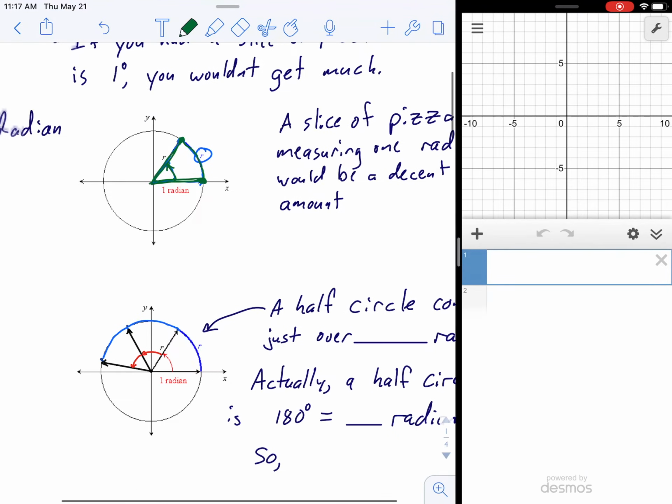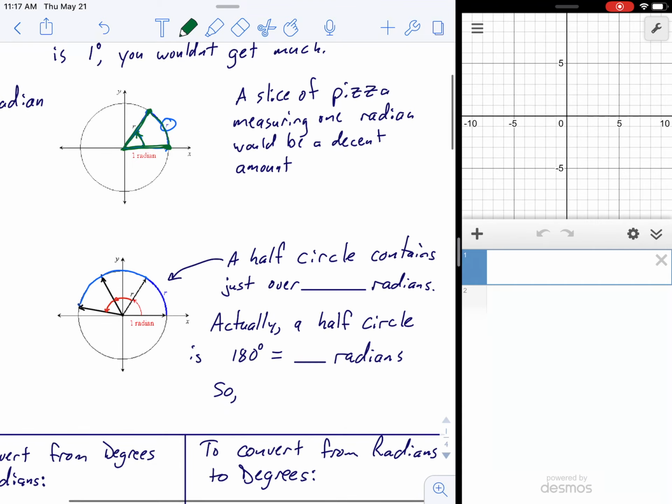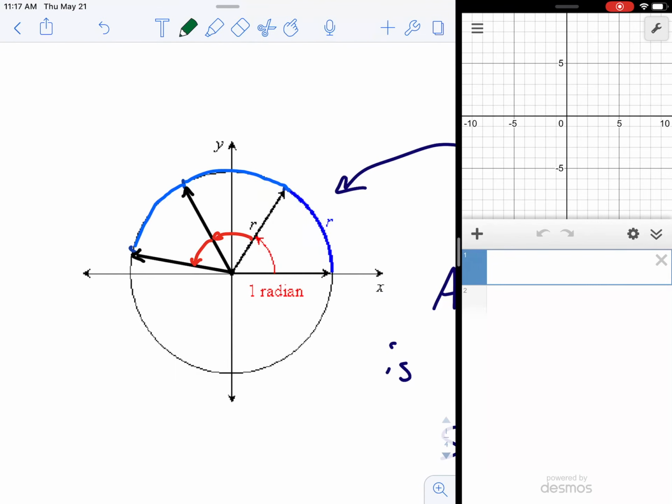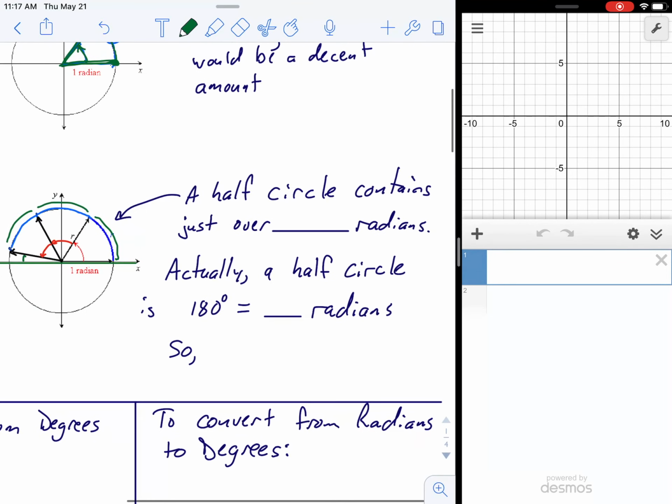Now, a half circle, if you look at this diagram, I kind of freehanded it, but it's fairly accurate. A half a circle, which is right here, contains 1, 2, 3 radians plus just a little bit more. So a half circle contains just over 3 radians.